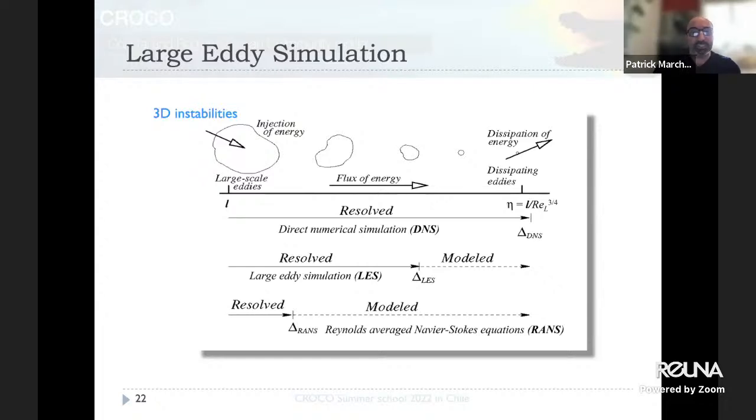In this case, the large injection of energy is resolved by the model. All the big 3D instabilities that inject a lot of energy are resolved. And in the inertial part of the spectrum, the eddies only decay in scale progressively until they are dissipated. If you don't resolve completely these large eddies, then you are doing a RANS simulation.